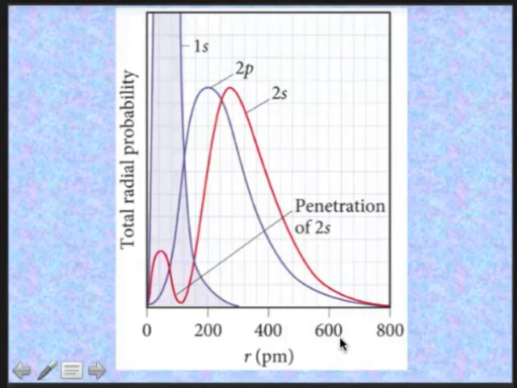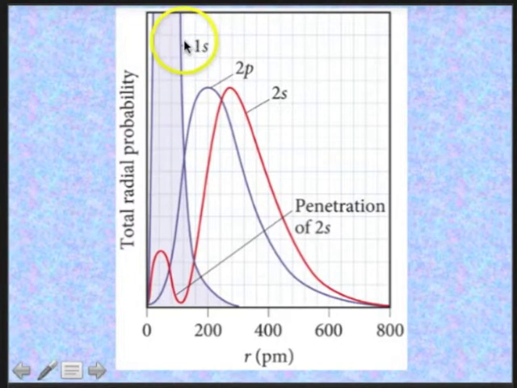The closer the electron is to the nucleus, the more stable that electron is going to be. So orbitals which are closer to the nucleus have electrons which are more stable and of lower energy. Therefore, from this graph, we see here's the total radial probability for the 1s right here.